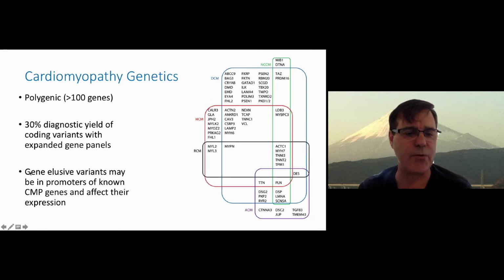And so it's possible that these gene elusive variants may be in the promoters, which are the control elements of a gene, of these known CMP genes, and affect their expression. So even though the protein that's made is normal, there's less or more of it, and that can cause the disease.